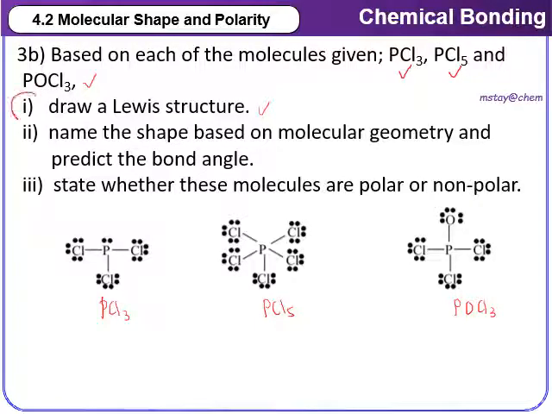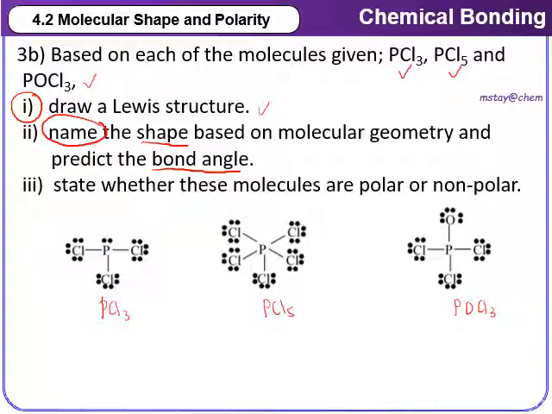Done for part 1. Second, we are going to name the shape based on the molecular geometry and also predict the bond angle. In this question, because it only says to name the shape, we don't need to redraw the structure in the molecular geometry.